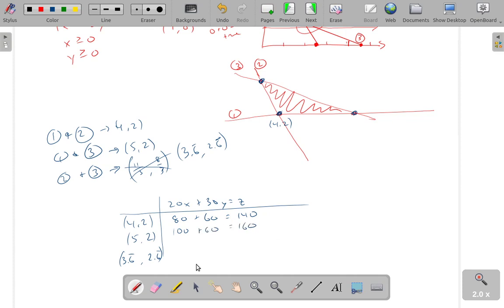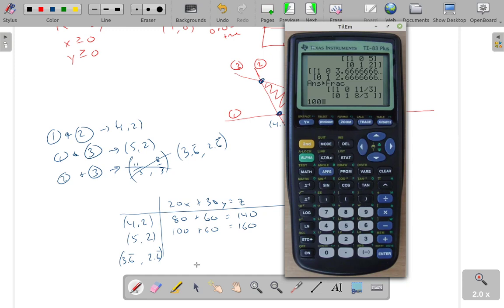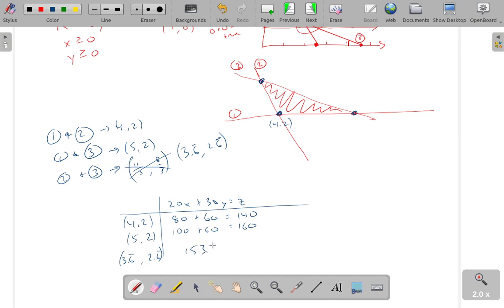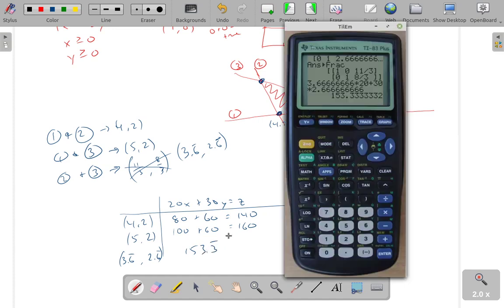And then lastly, this 3.6 repeating, times 20 plus 30 times 2.6 gives me 153.3 repeating. Now this doesn't actually say 3 repeating here, it ends in the 2, because I stopped writing, and so it rounded.